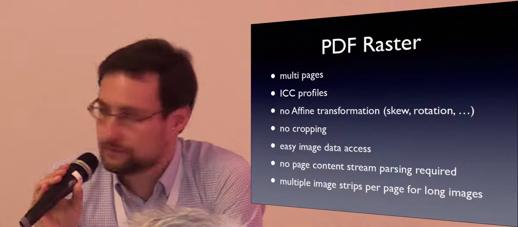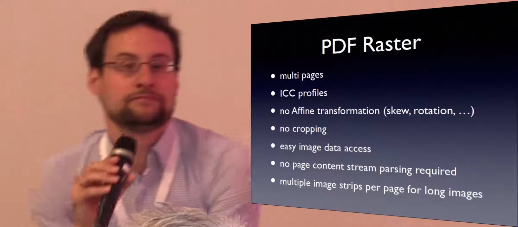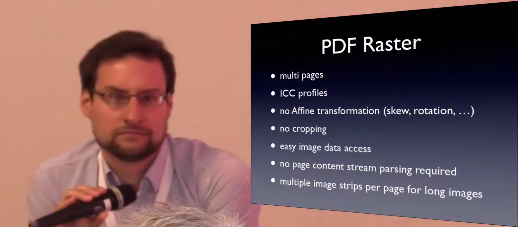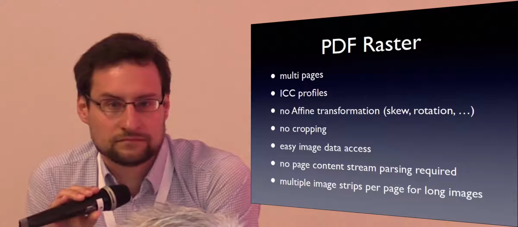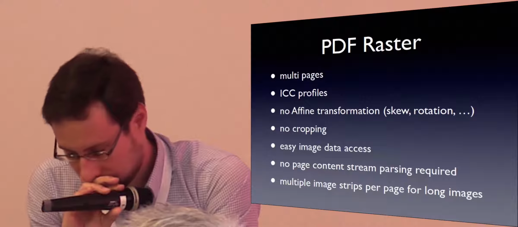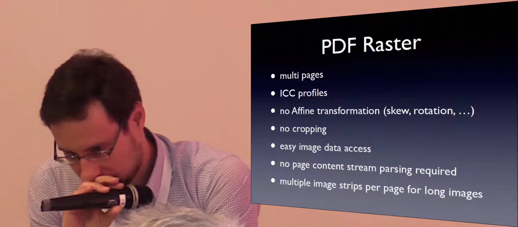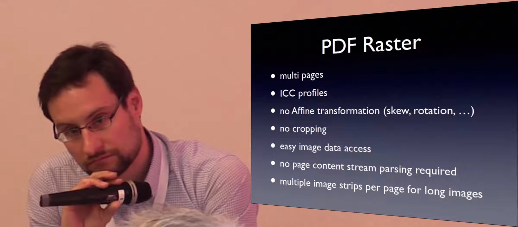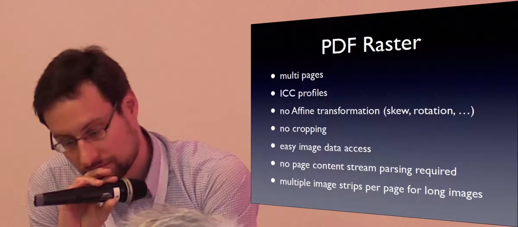Good question, yes? If you do that, then you've created a situation whereby a PDF Raster processor will generate a different output image for the exact same file than a processor that follows the rules of PDF.